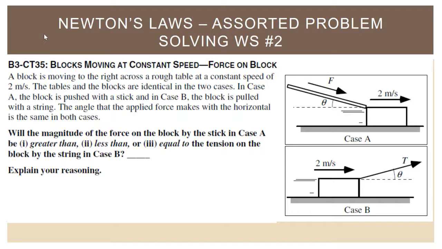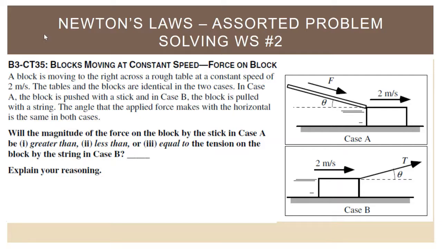It says here in this question, B3 CT35, blocks moving at a constant speed, force on block. It says a block is moving to the right across a rough table at a constant speed of 2 meters per second. The tables and the blocks are identical in the two cases. In case A, the block is pushed with a stick, and in case B, the block is pulled with a string.